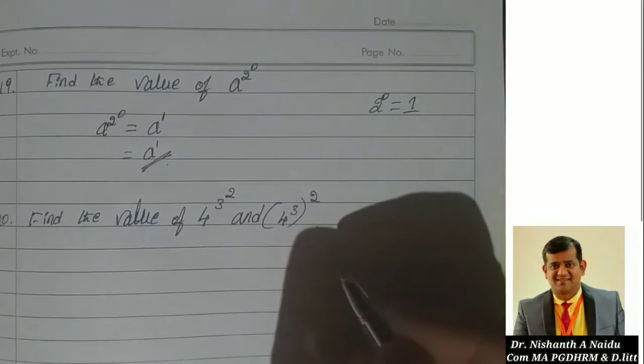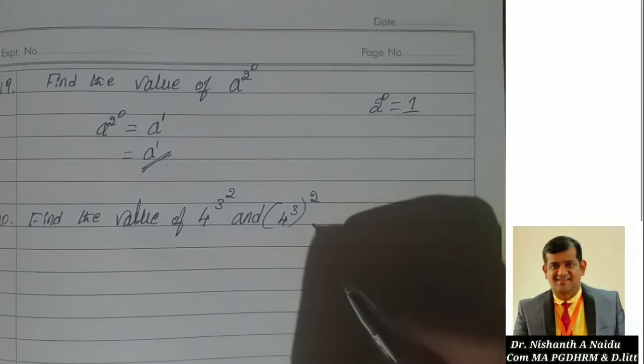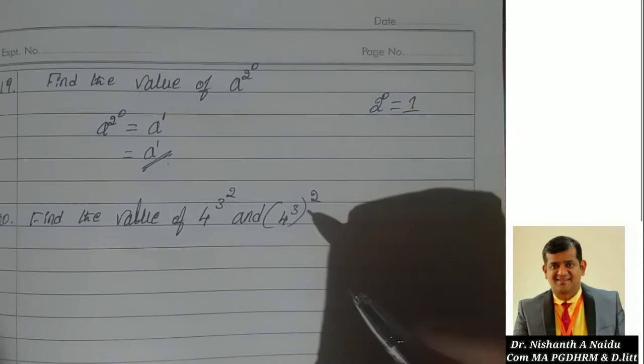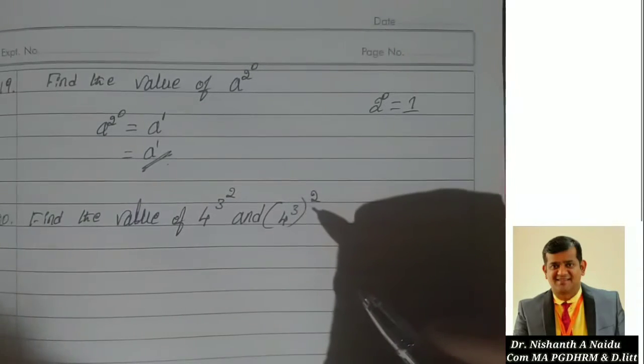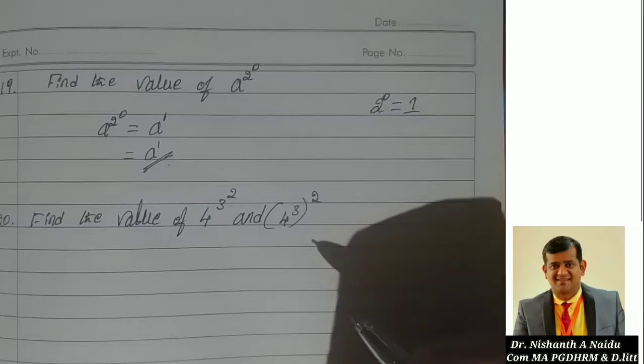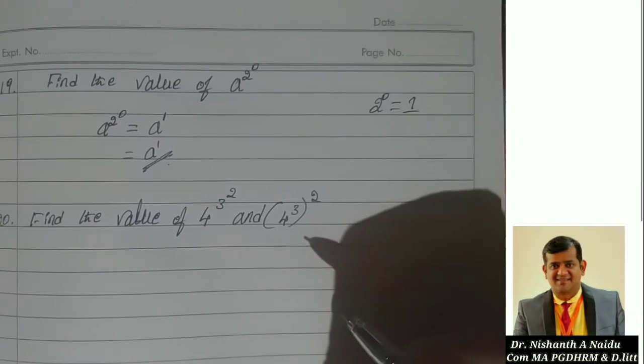So find the value of 4 to the power 3 to the power 2. That is when the powers are given separately. When the powers are given separately, how are we going to calculate? That means 2 powers, that is 4 to the power 3 to the power 2.